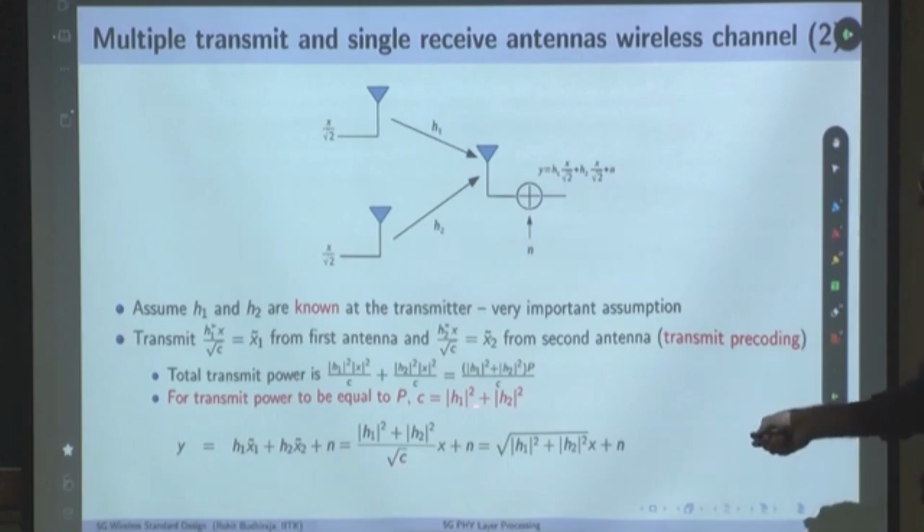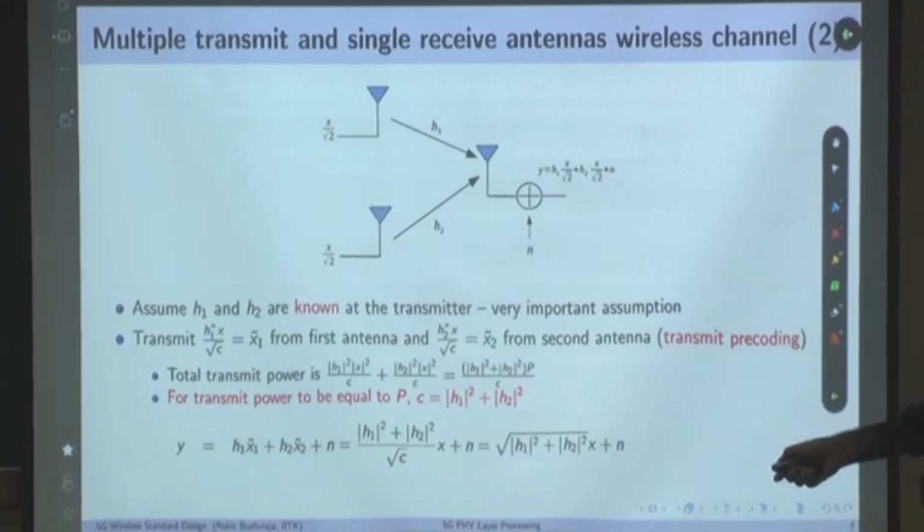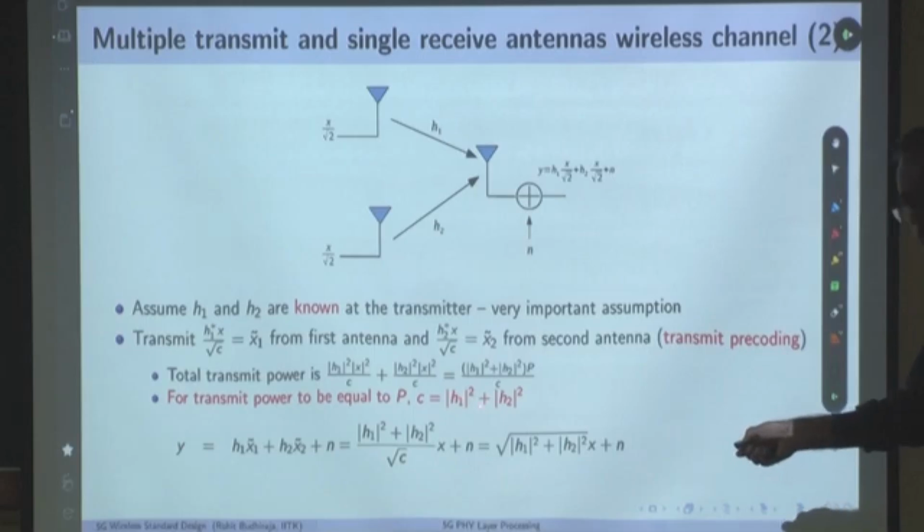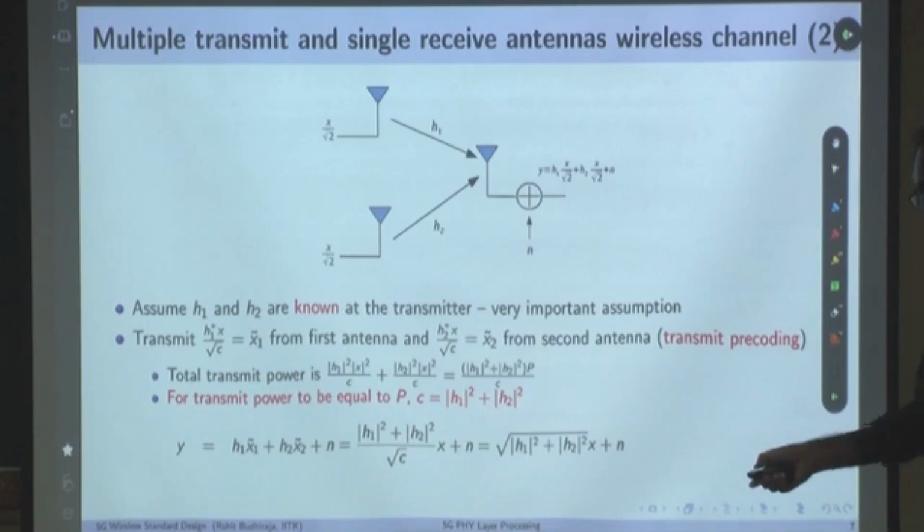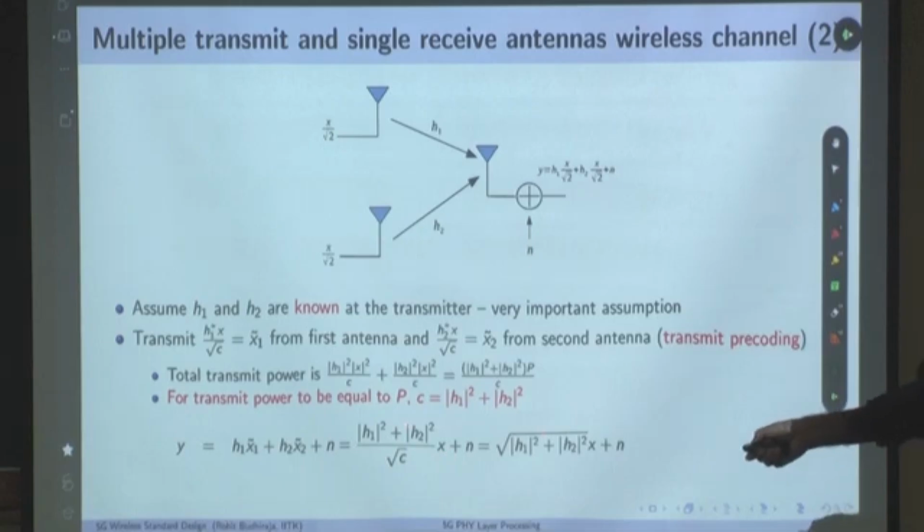Just calculated here, it is the square root of the term in the numerator. If you put c, you get the same term which is in the numerator, but with the square root. So, one square root gets cancelled and you have this n.